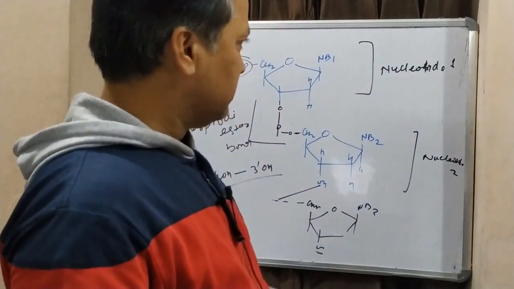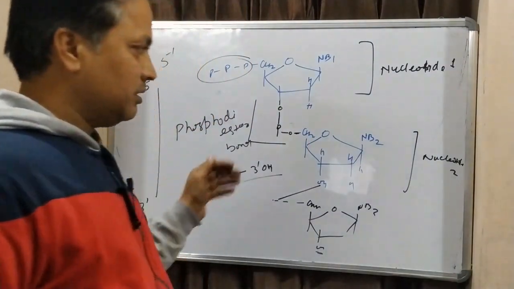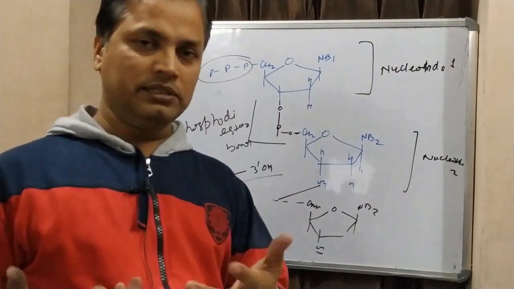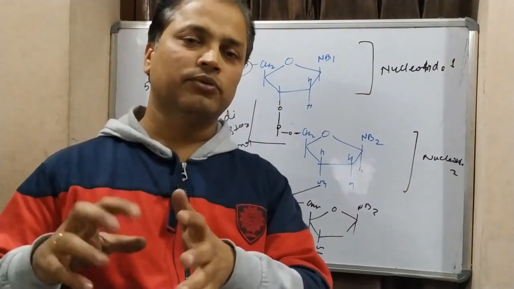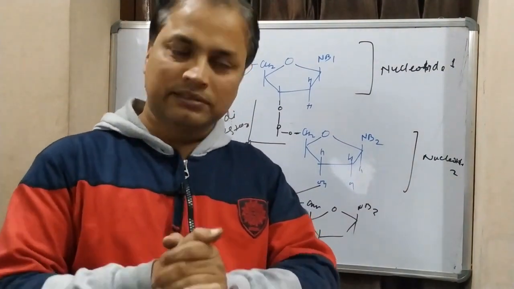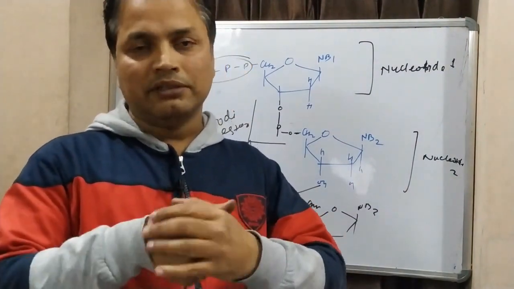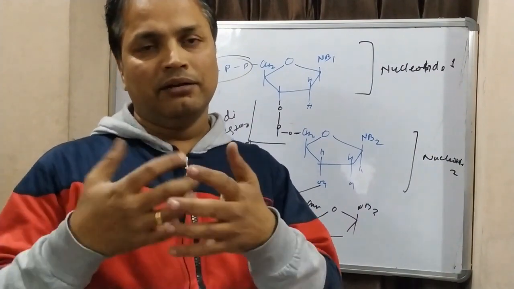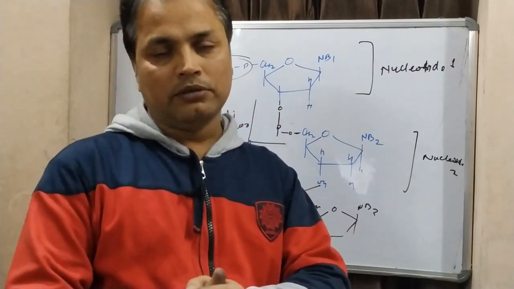Then this DNA, this is one of the strands, will have another strand, because our DNA is a double helical structure. That double helical structure was given by the scientists Watson and Crick, and Rosalind Franklin also helped us.